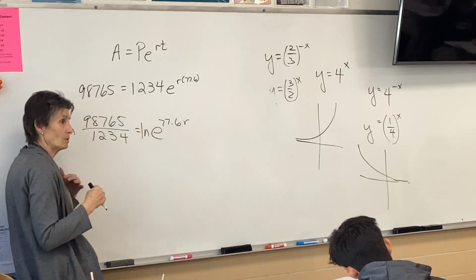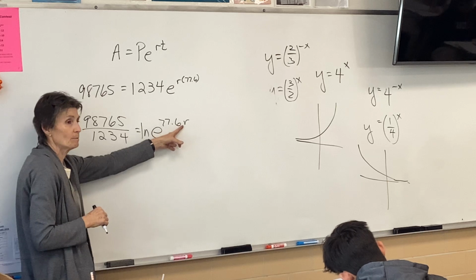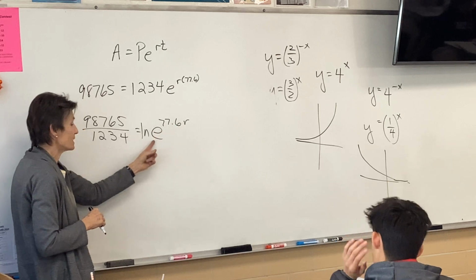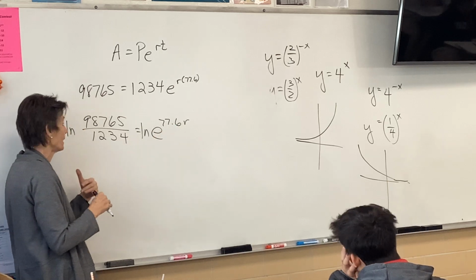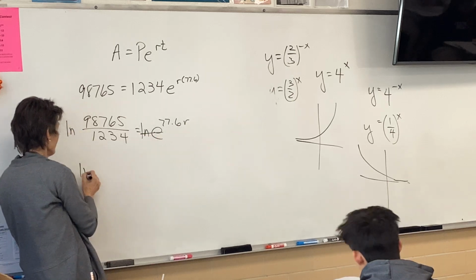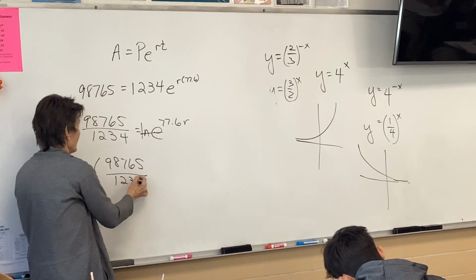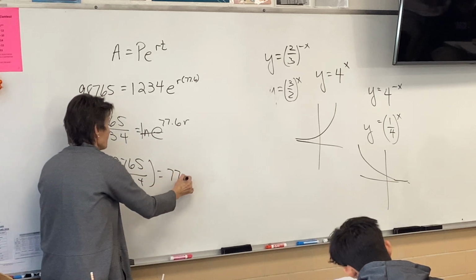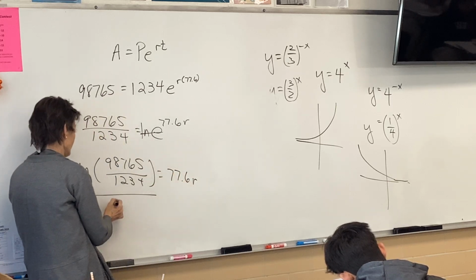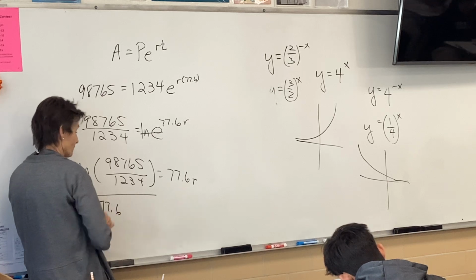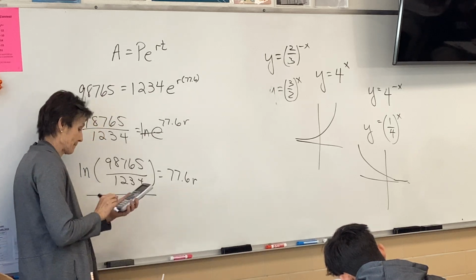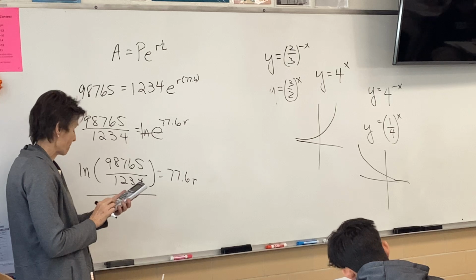We need to take the log of both sides because our variable is an exponent. Since there's an e, I'll use the base e logarithm, ln, so that goes away. And then I'm gonna end up typing what into my calculator? ln of 98765 divided by 1234.